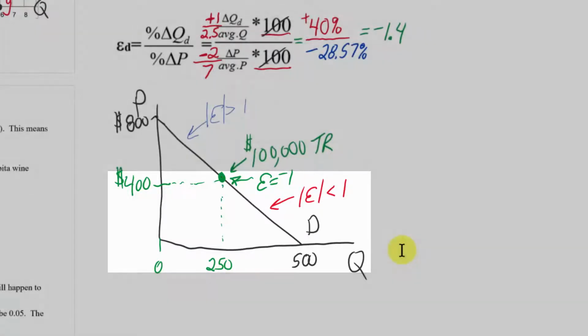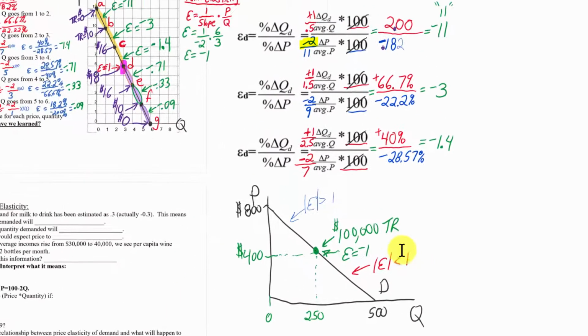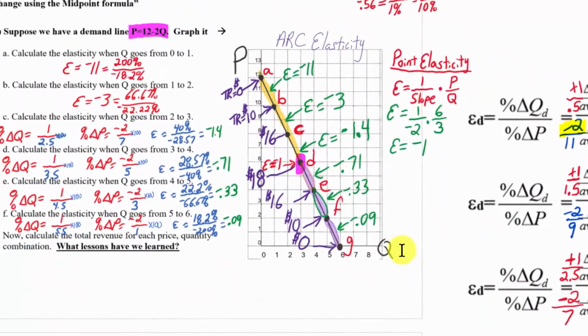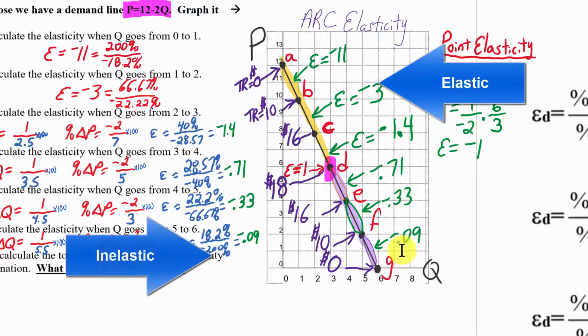And that brings us to the last topic for this lecture, and that's what we call the total revenue test. The total revenue test says, suppose you have a business and you don't know what the price elasticity of demand is for your business. And you don't want to spend a lot of time changing your price, collecting a whole lot of data to figure it out, but you just need to know, right where I am, is the demand for my good elastic or inelastic or unit elastic?